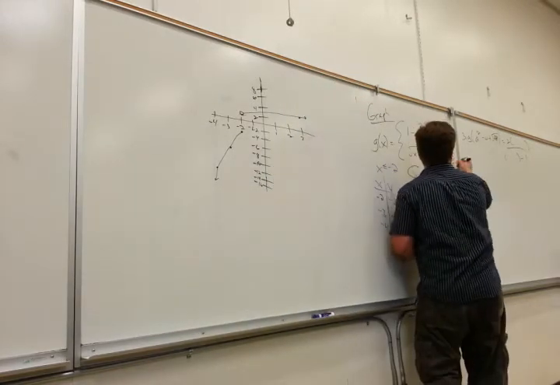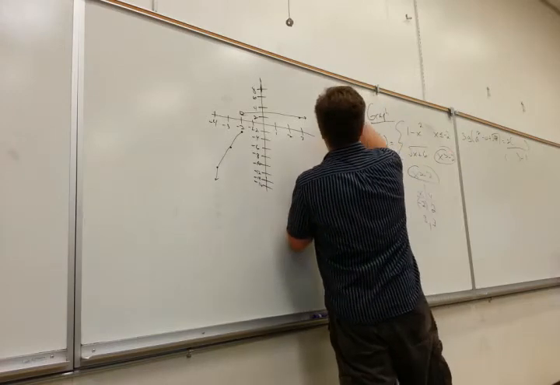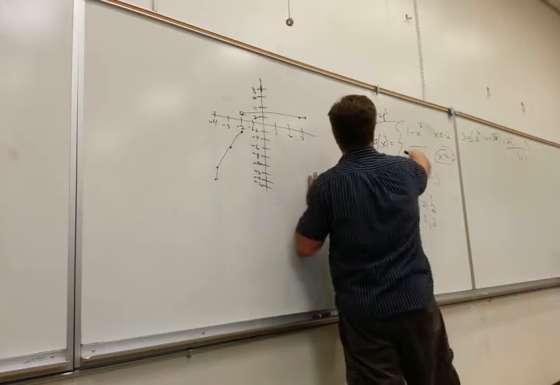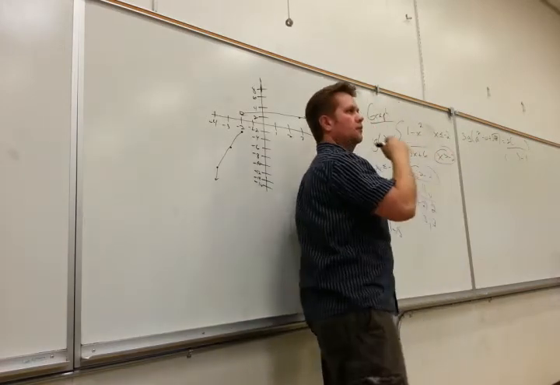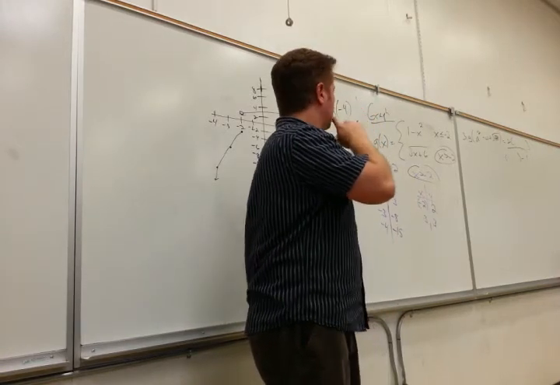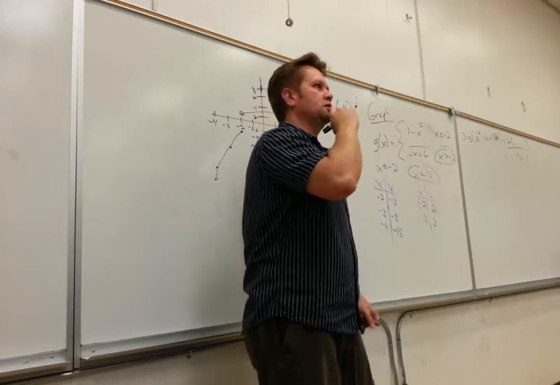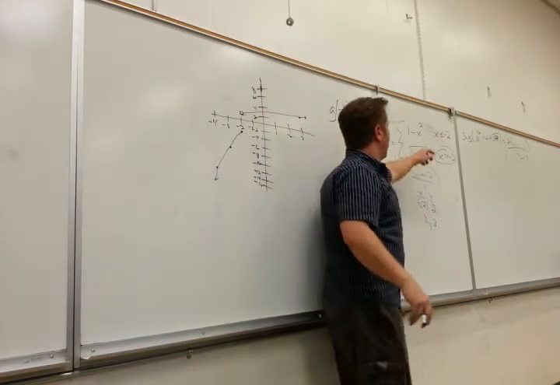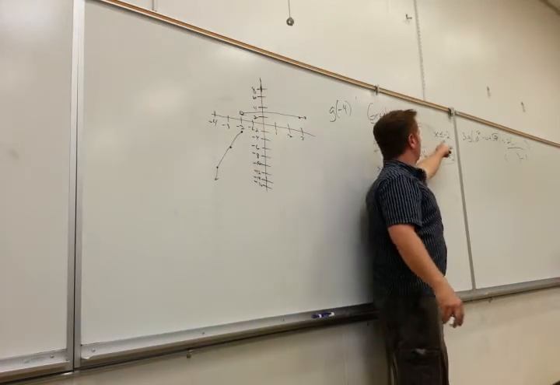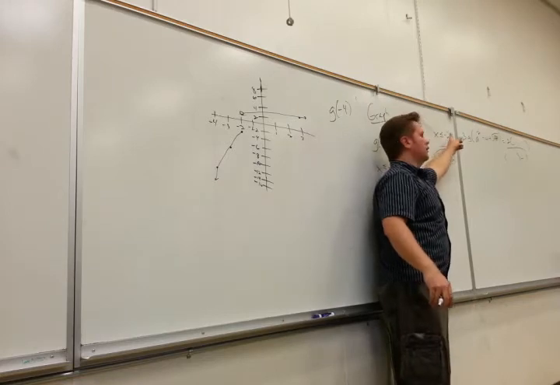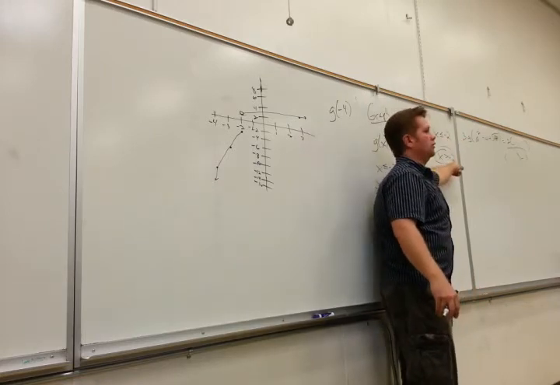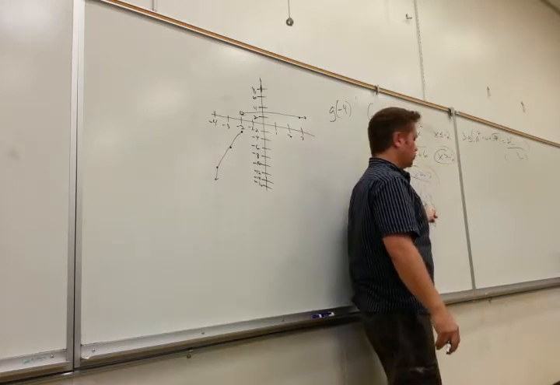So if I wanted this, which one would I use? The x plus 6. Oh, this one, 1 minus x squared. All right, good. There you go. You answer your own question. So just think backwards. If I want to graph this part, I better use inputs that are less than or equal to negative 2. If I want to graph this part, I better use inputs that are bigger than negative 2. So that's pretty much what I did.